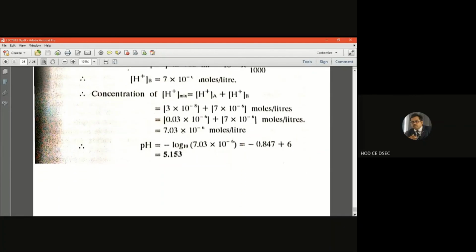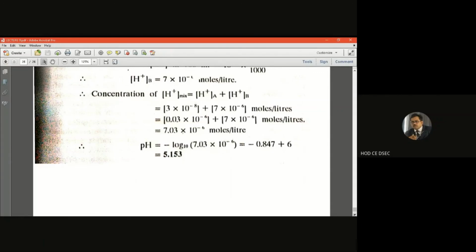So this mixture problem, solving the pH of a mixture solution, has taught you how to multiply by the factor of percentage volume, just like the mixing problem of arithmetic which you have done in your school life. One is 30%, another is 70%; when two solutions are mixed, that percentage weightage you have to take into consideration.